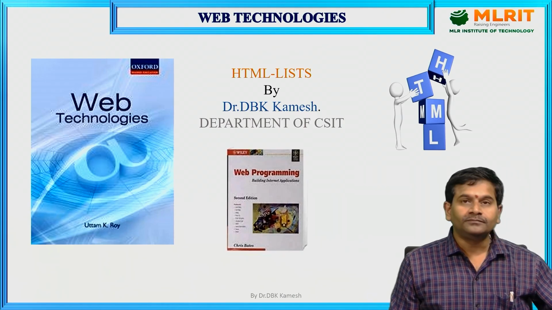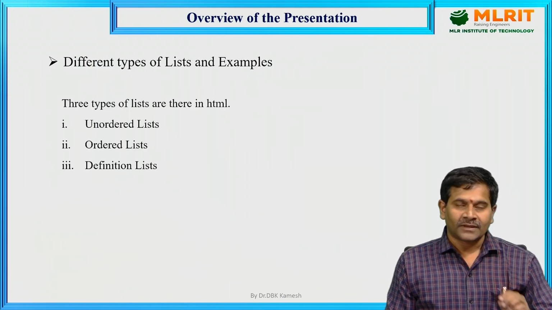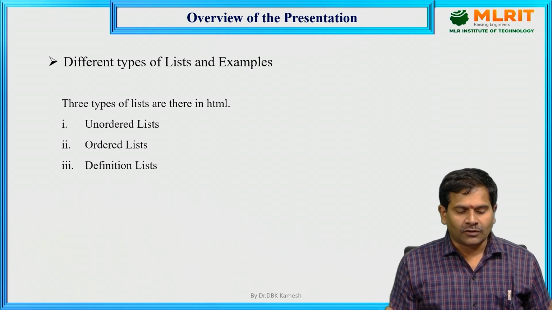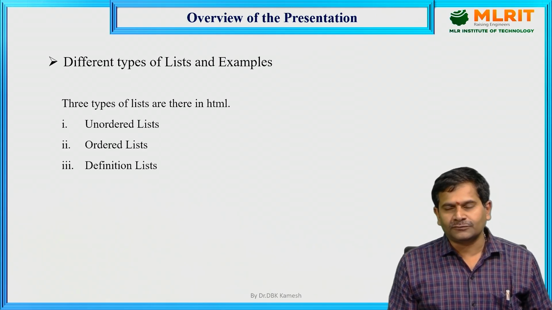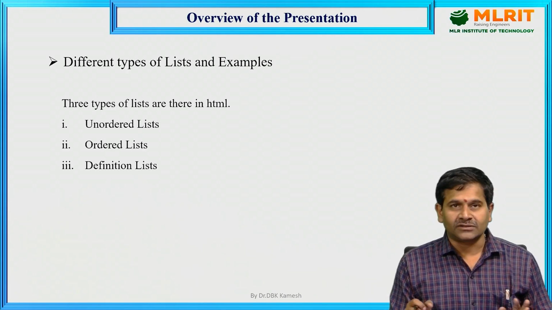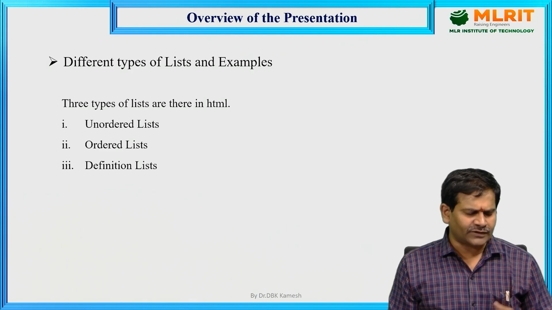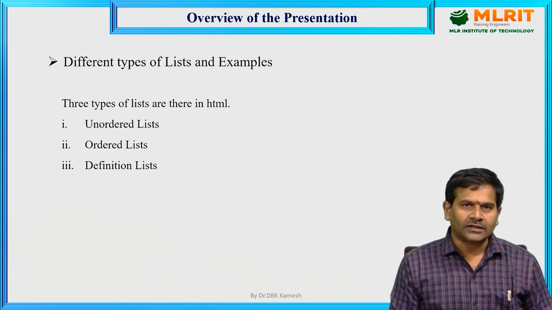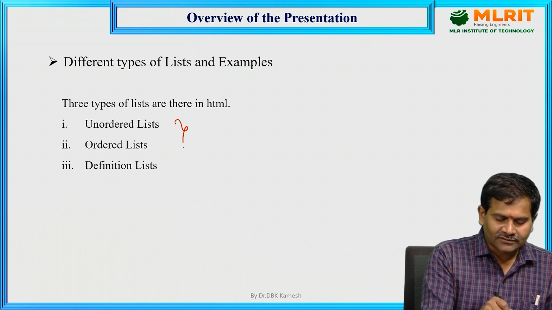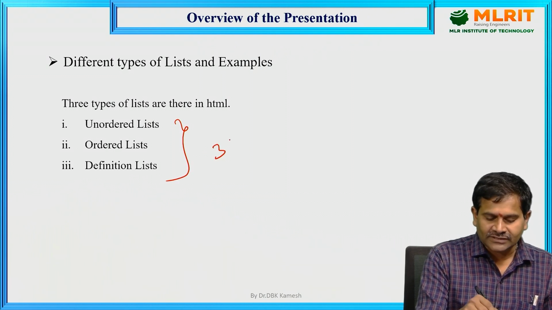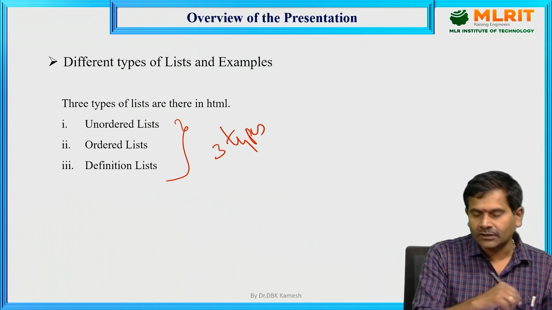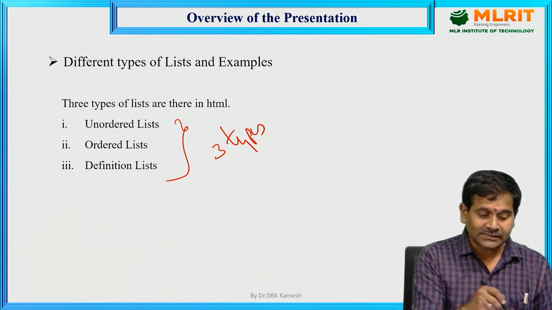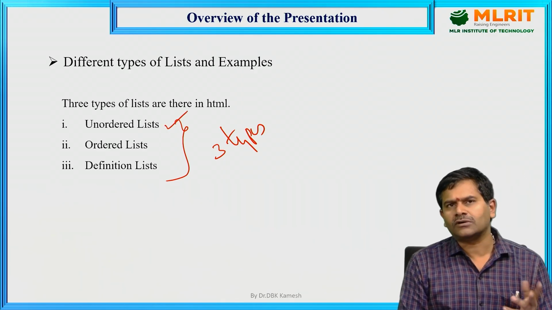First, an overview of lists and the list types we can use. There are three types of list available in HTML: unordered list, ordered list and definition list. One is unordered, so there is no order here.